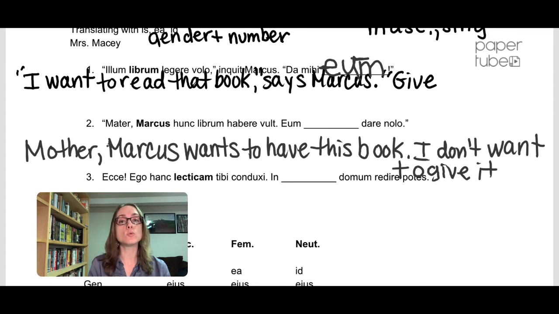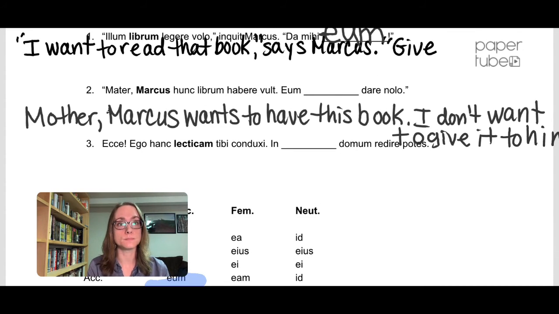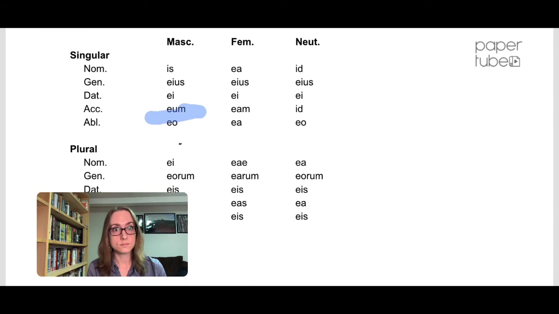So anytime it's to or for, it's dative. That means this is going to be masculine, singular, and dative. I don't want to give it to him. Masculine, singular, dative. Let's figure it out. There we go.